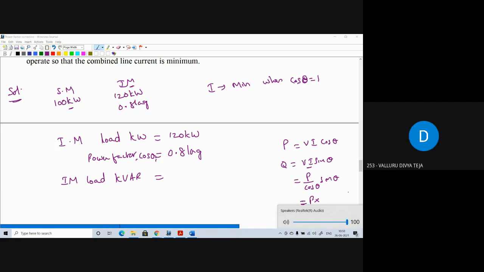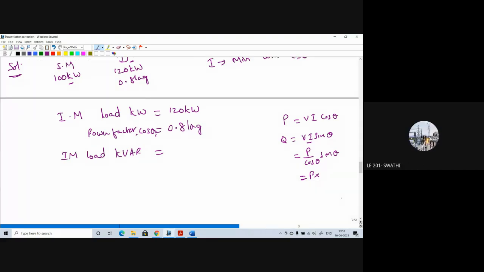Tan. So Q equals P into tan theta. So load kVAR equals the induction motor P_I into tan theta I.